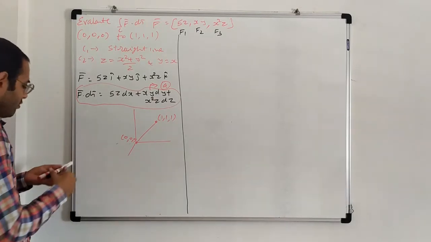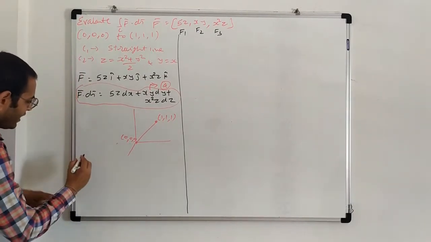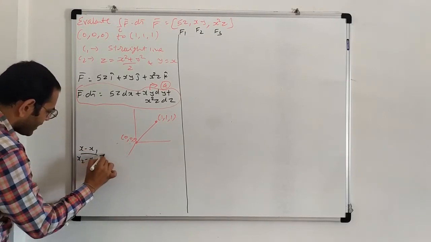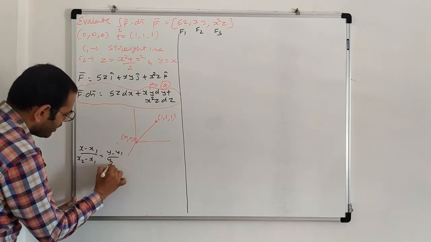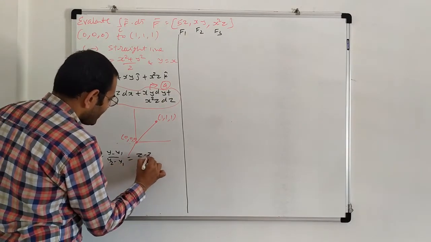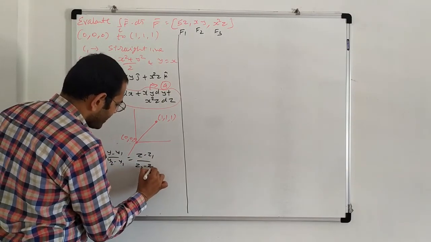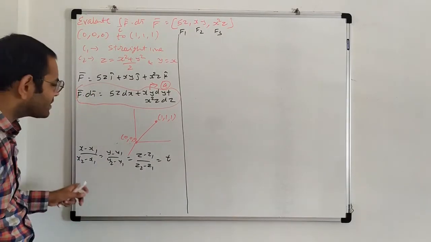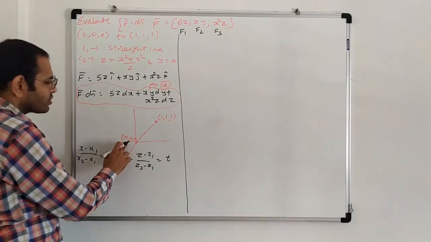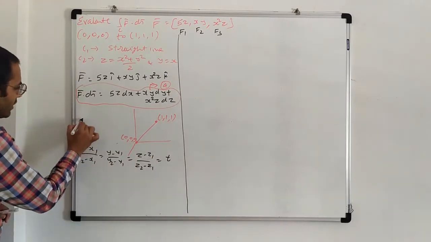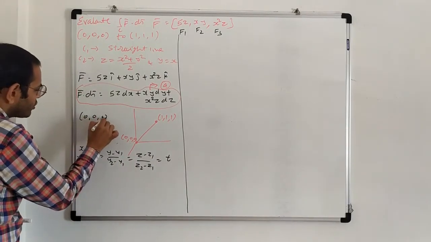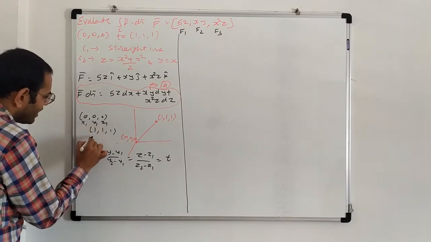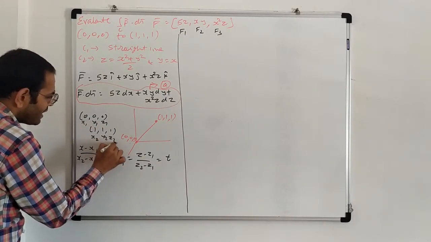First we find x minus x1 upon x2 minus x1, y minus y1 upon y2 minus y1, and z minus z1 upon z2 minus z1. That is the parametric equation of this straight line passing through 0 0 0 and 1 1 1, meaning points between 0 0 0 and 1 1 1. That is our x1 y1 z1, and that is our x2 y2 and z2.